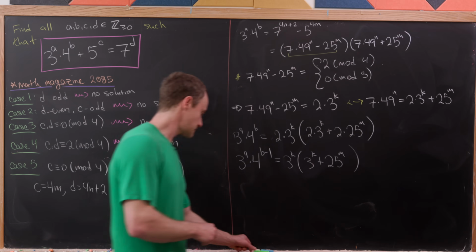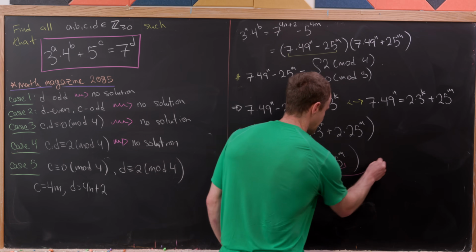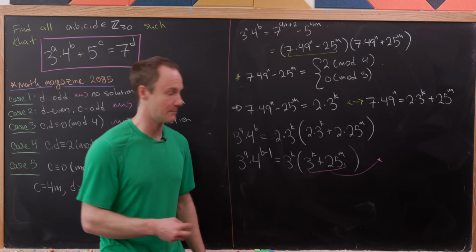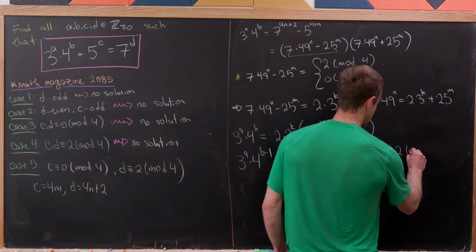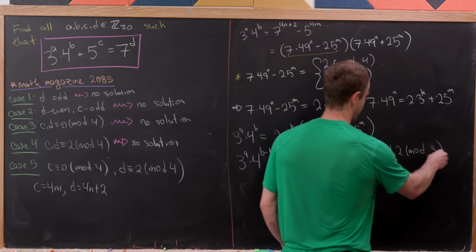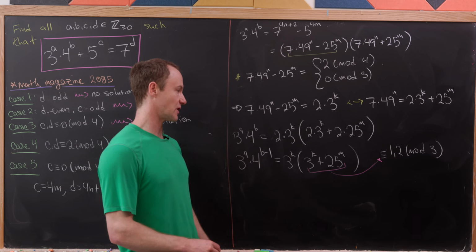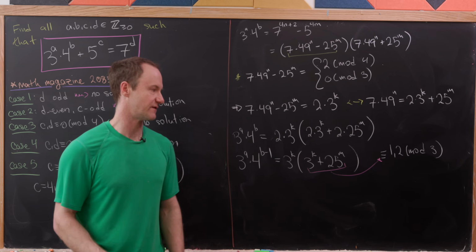Okay, cool. But now let's observe that this thing right here, this 3 to the k plus 25 to the m, is either congruent to 1 or 2 modulo 3. So notice if k is bigger than 0, it's going to be congruent to 1 mod 3 because it's 25.